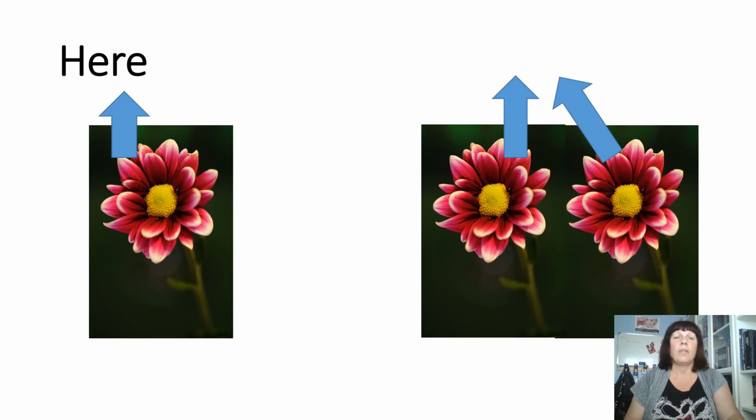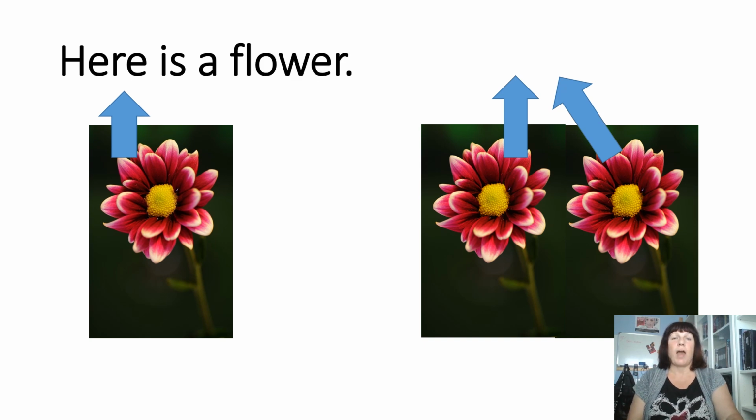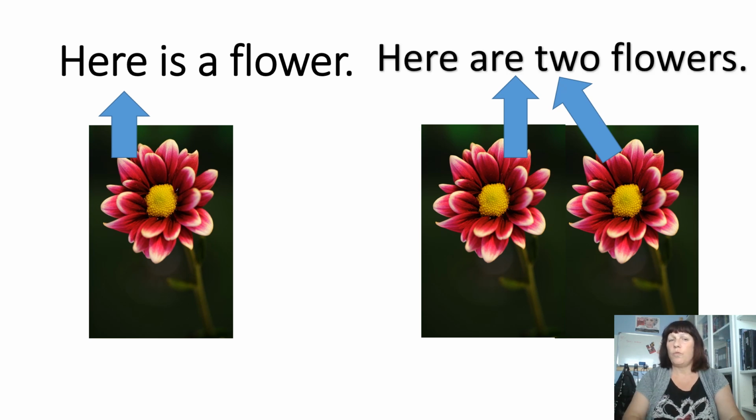Aha! Here is a flower. So here is one flower. Here are 2 flowers. So again, is for one object, person or thing, and are for 2 or more objects, people or things.